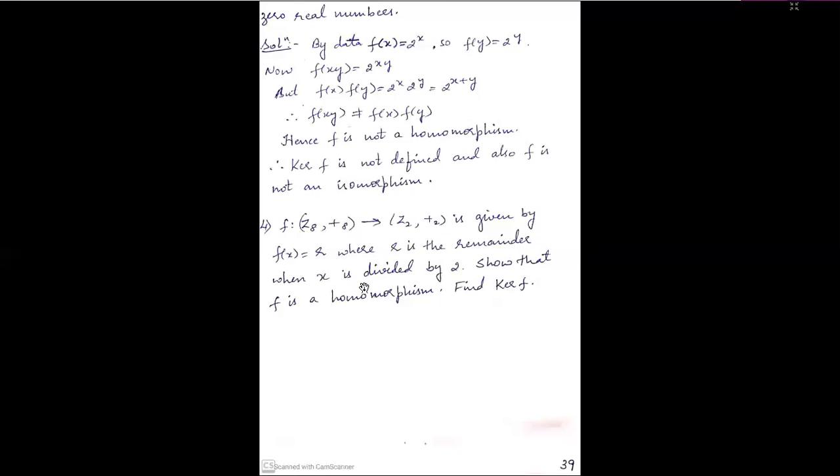On the same basis, do this also: F from Z8 to Z2. Consider even numbers and odd numbers, show that this is a homomorphism, and similarly find the kernel of F.